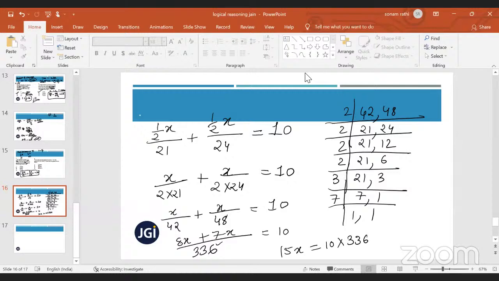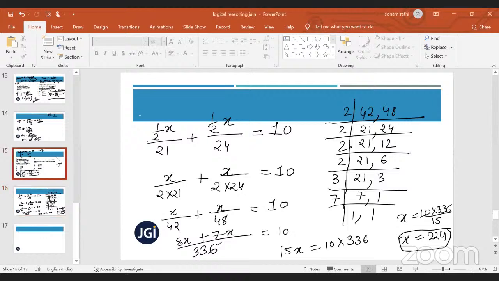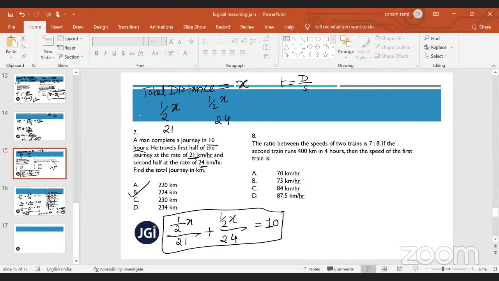Divide by 15, x is equals to 10 into 336 by 15. 336 into 10 divided by 15. X is equals to 224. Distance is 224. What is the length of the journey? 224. Answer is 224.